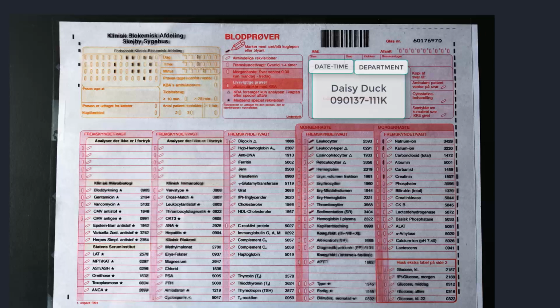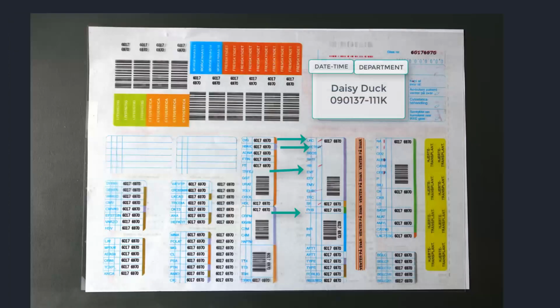OMR forms were introduced around '84. It consists of 2 layers separated by carbon copy paper, so when you marked the desired analyses on the front side, the marks were automatically placed on page 2 on the corresponding barcode labels.